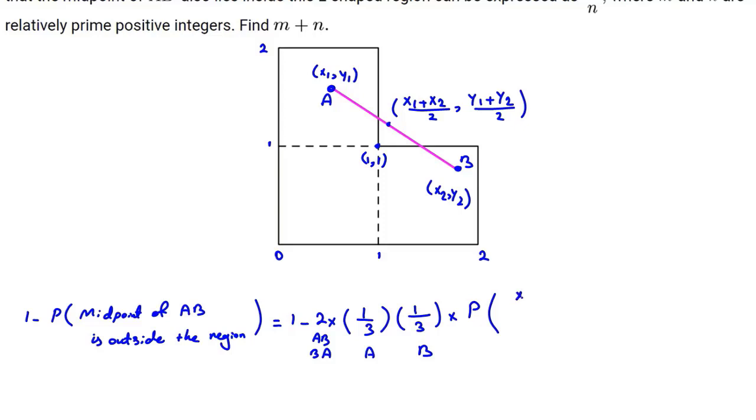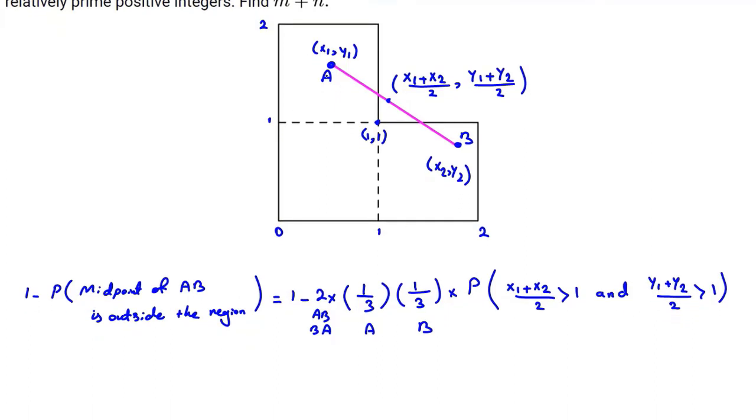So, probability of (x1 plus x2)/2 greater than 1, and (y1 plus y2)/2 also greater than 1. We should calculate this probability, and we know here x1 is between 0 and 1 because A is here. y1, because it is here, is greater than 1, less than or equal to.